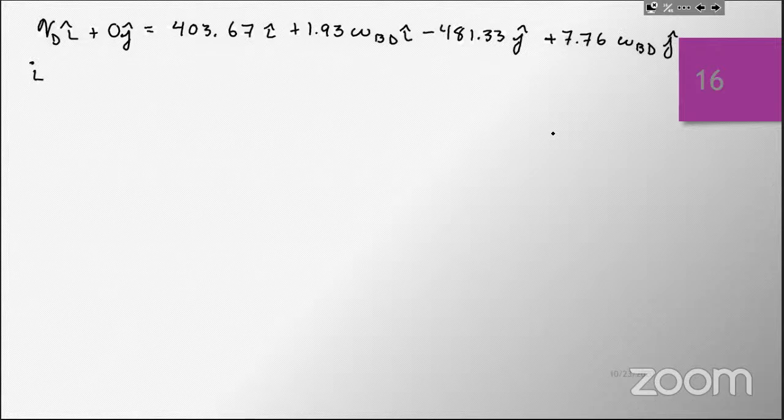If we look at the I direction, the X direction stuff, we get VD is equal to 403.67 plus 1.93 omega BD.